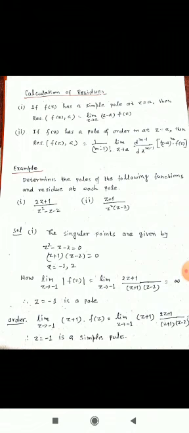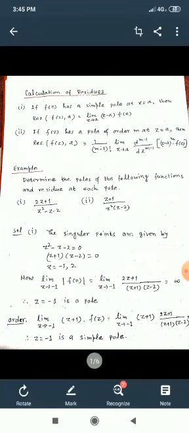Now the limit as z tends to -1 of the modulus of f(z) is equal to the limit as z tends to -1 of (2z + 1) upon (z + 1)(z - 2), which is equal to infinity. Therefore z = -1 is a pole.